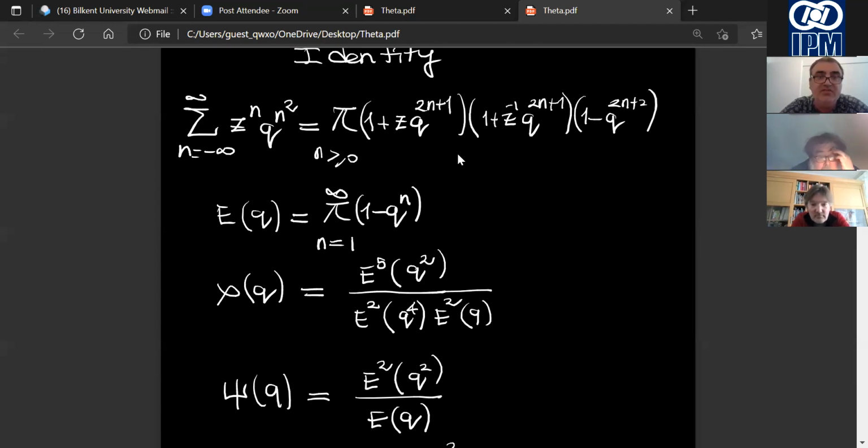For example, we have an identity like this, which is called 8 psi 8. Special cases of that identity give you formulas for sums of 8 squares, sums of 4 squares, and such. So the general theta function identities are very good to manipulate, and you can get interesting results.